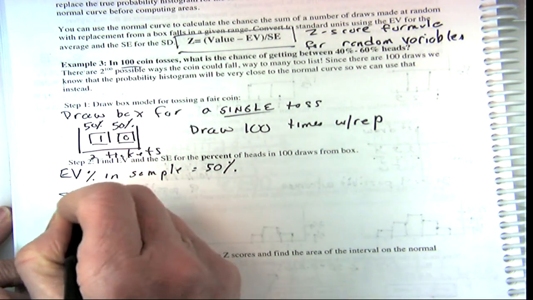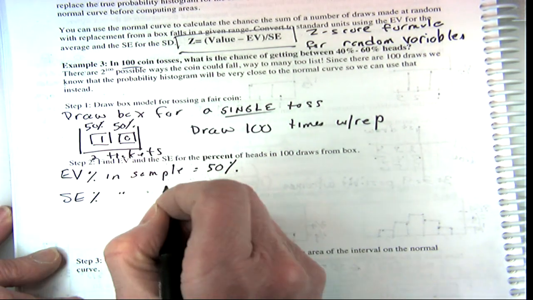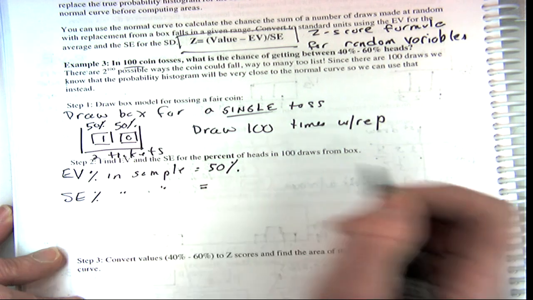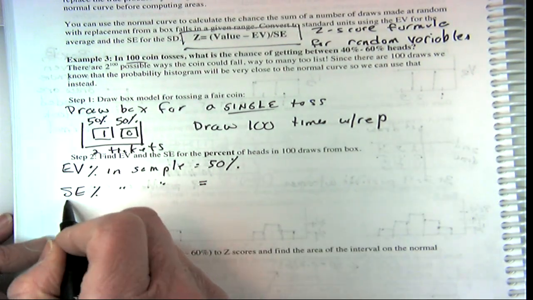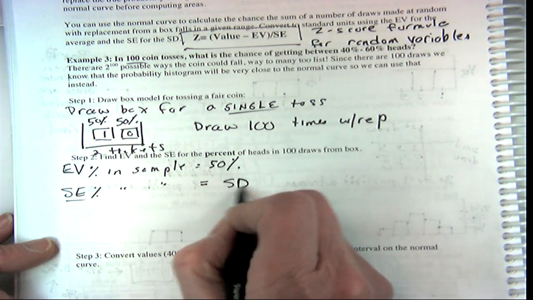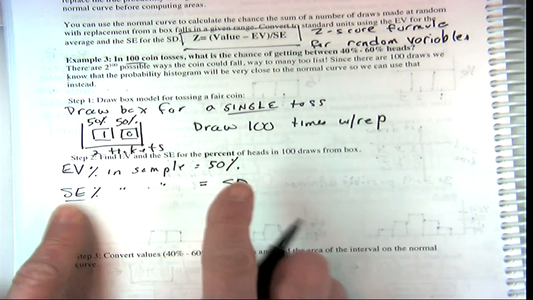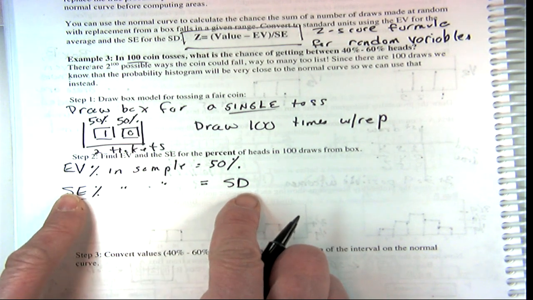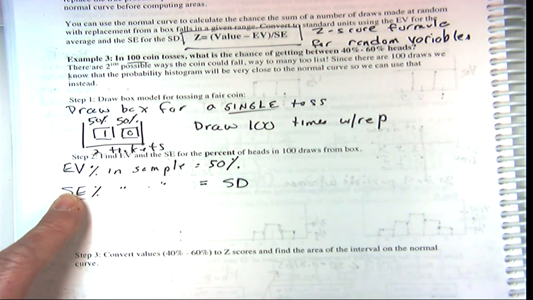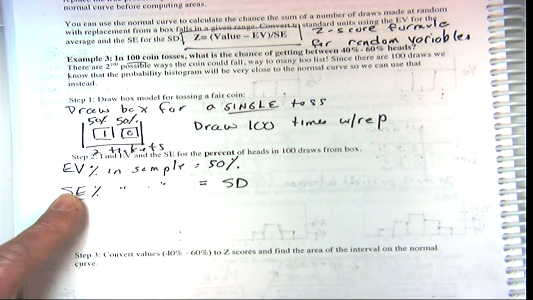And the standard error for the percent in the sample is what? Now, here you do have to have a formula. How are you going to remember this? Standard error, standard deviation. Just write it down. Those are the same type of thing. But because it's a chance process, it depends on the number of draws. And by the square root law, you have to multiply or divide by the square root of n. So write down what you think you should do.